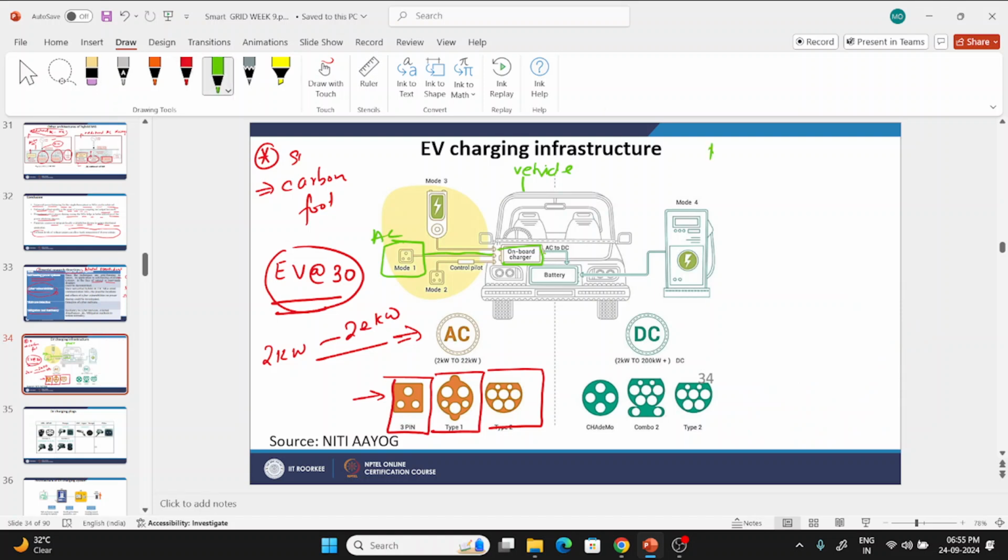Mode one of charging is the onboard charger.